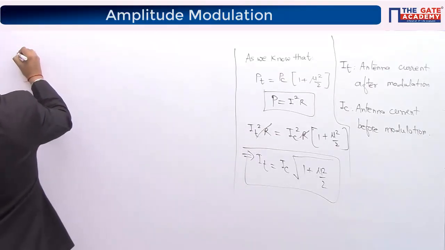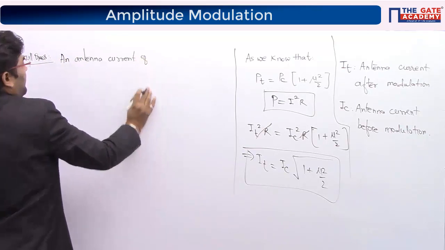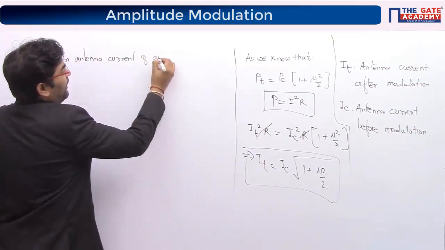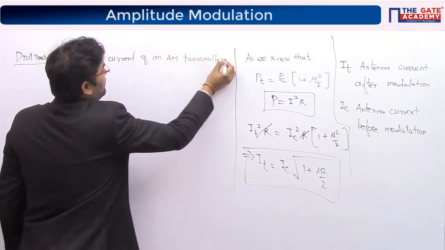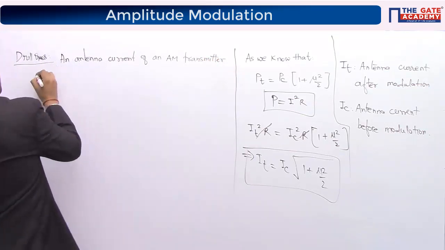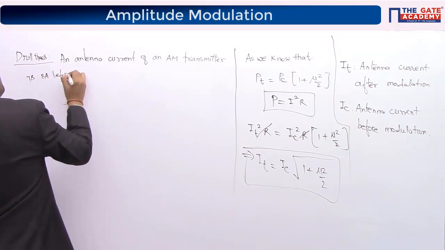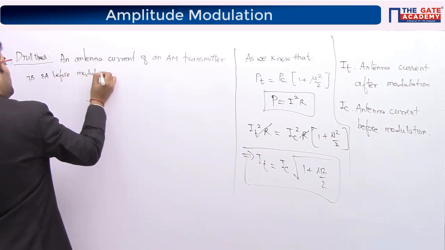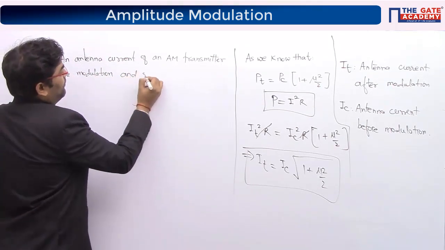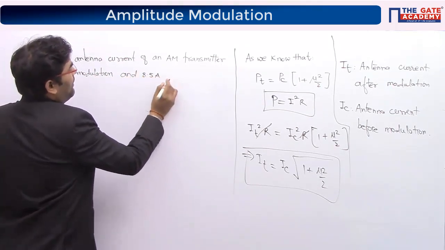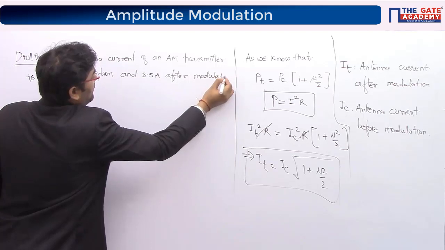Now the drill question. You write: the antenna current of an AM transmitter is 8 amperes before modulation and 8.5 amperes after modulation.